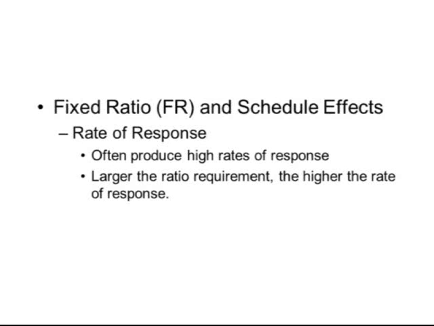With the fixed ratio, you see a higher rate of response the higher the value of the schedule. In other words, if you require a lot more of something, usually you see faster work. So if a kid has to do more math problems in a certain period of time, you're going to see the kid working faster if he or she's trying to earn the reinforcer.